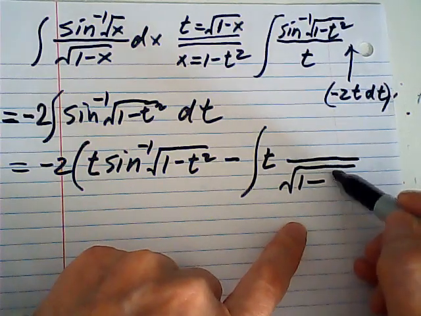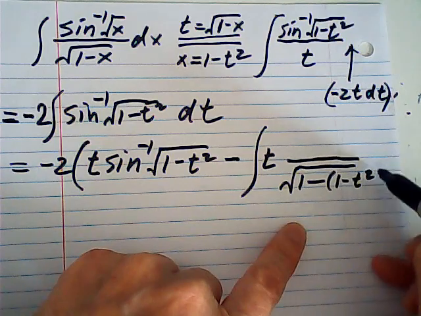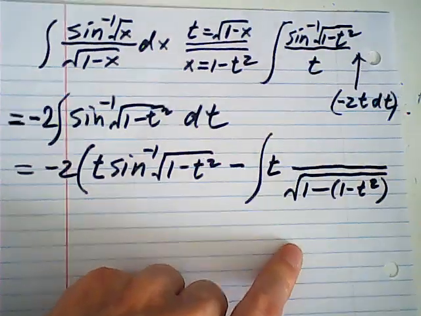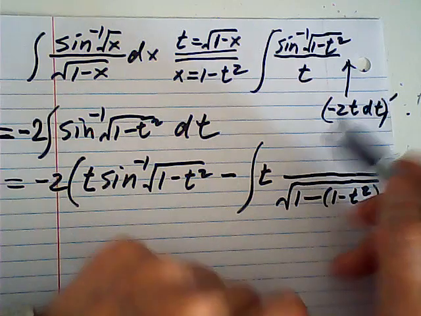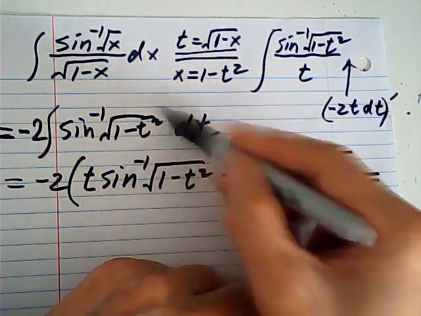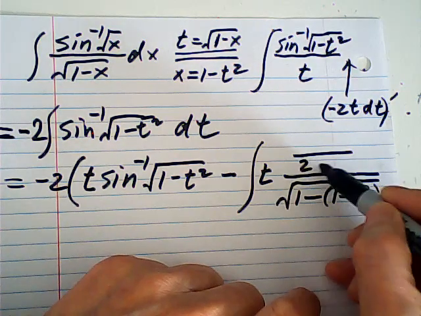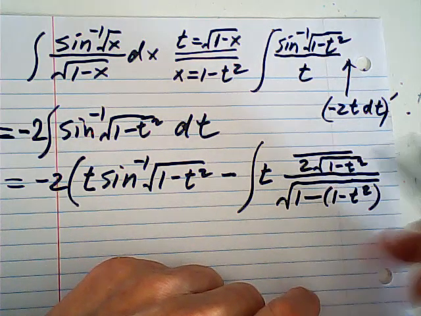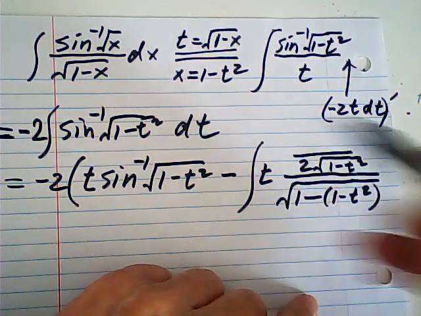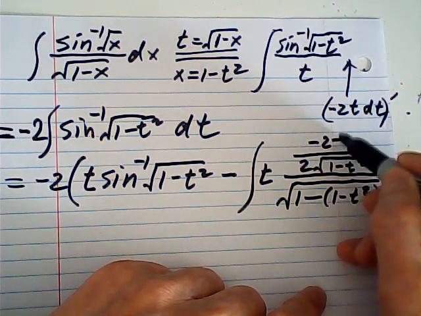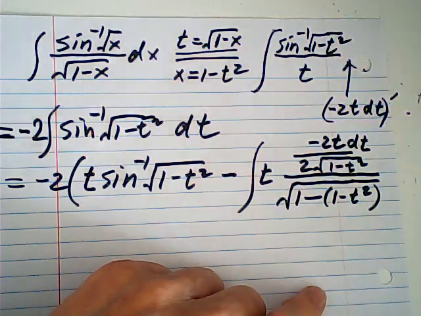This is square is 1 minus t square. Since this is a composite function, so we have to use chain rule. The chain rule is this. The square root derivative is 1 over 2 square root multiplied by the derivative inside, which is a negative 2t dt.